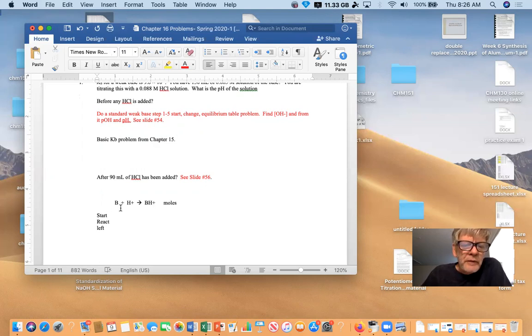So we use the volume and molarity to get our starting moles. Then we identify which of these two is our limiting reactant. And if this is our limiting reactant, that's the amount that reacts. It all gets used up. It uses up an equal amount of this and makes an equal amount of this because there's a 1-to-1-to-1 ratio. And then we see what we're left over with.